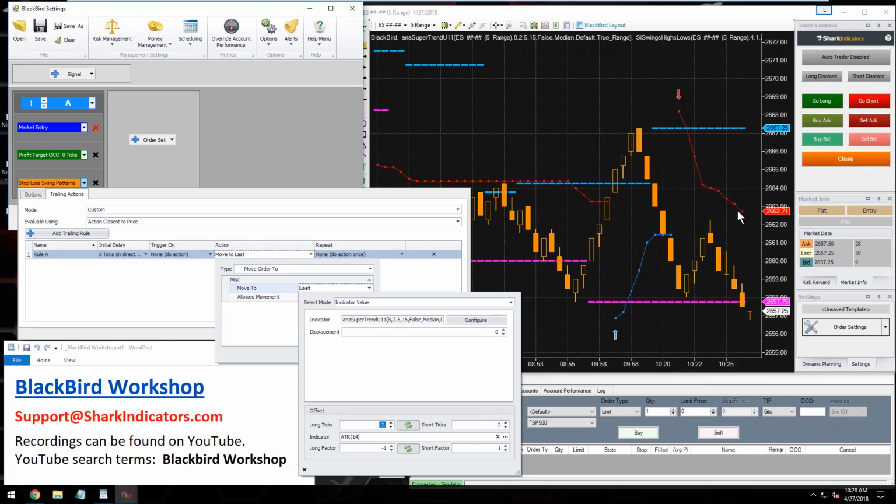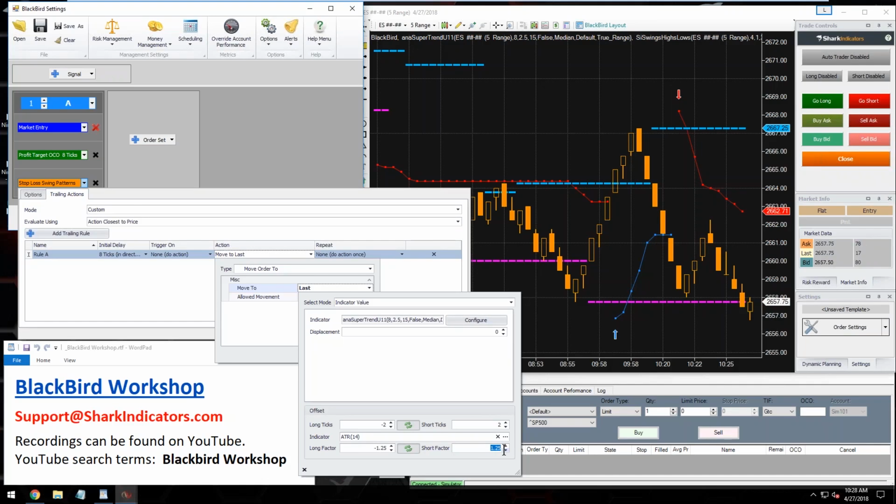So if we took a short trade with the anaSuperTrend, we're going to add 2 ticks to that. We take the plot value, then BlackBird adds another 2 ticks, and then BlackBird is going to take the ATR value, and let's make sure we get in the 1.25. The value of the ATR is then multiplied by this factor.